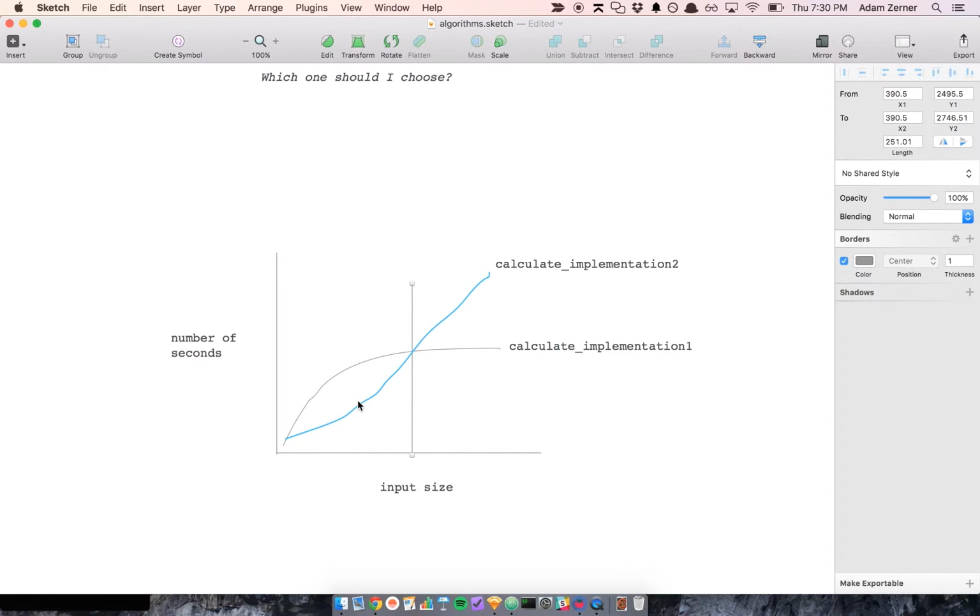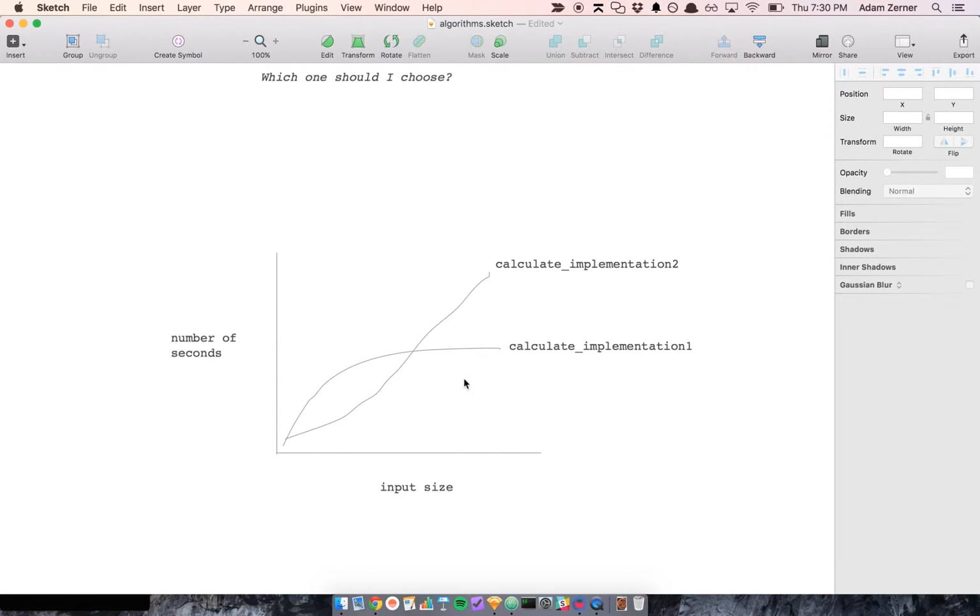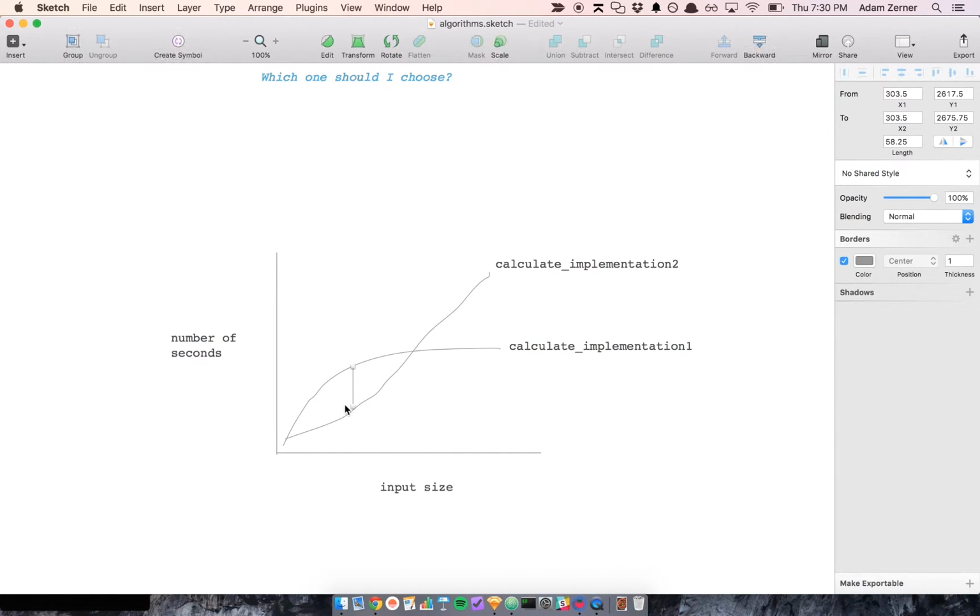But if we're going to have some input sizes that are greater than this line, we might care more about 1. And honestly, in the real world, this difference in milliseconds, or even nanoseconds, is going to be really small. So it's almost trivial. You don't have to even think about it.